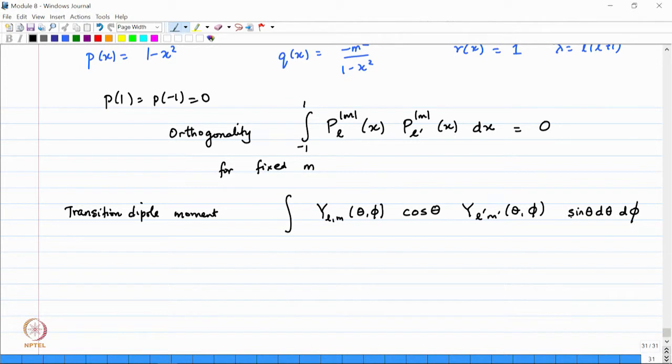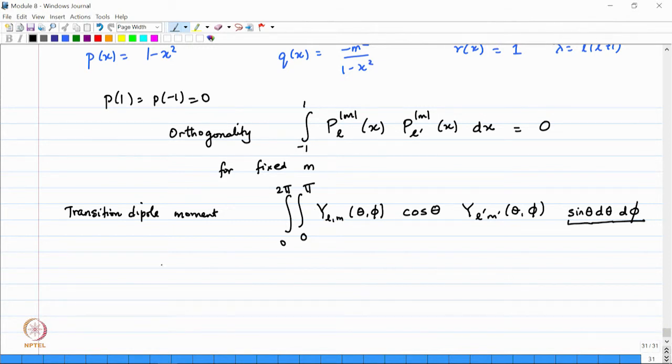So, this is what this integral looks like, and the limits are: theta goes from 0 to pi, and phi goes from 0 to 2 pi. This sin theta is the Jacobian for converting to spherical polar coordinates, so we are converting to these angles theta and phi. So, this is what your transition dipole moment looks like.